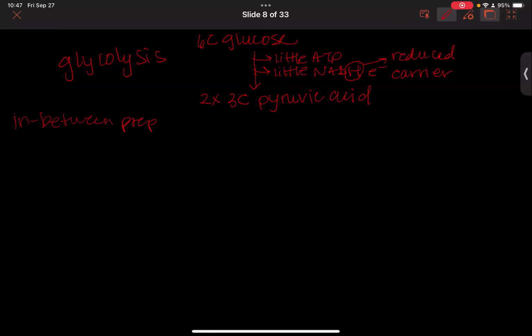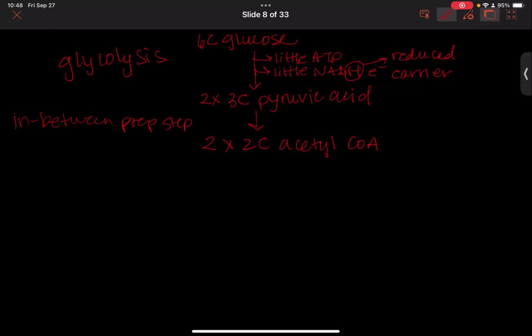So here's our in-between prep step. We're going to take pyruvic acid and turn it into, for each one, a two-carbon something called acetyl-CoA. All right, that's our in-between prep step.